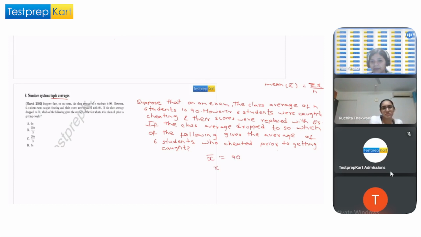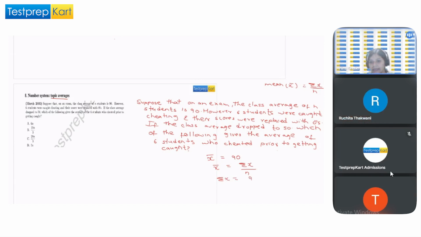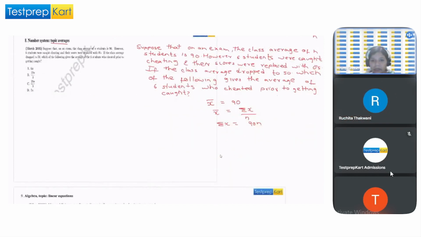So if I apply that formula, the sum of all the scores upon the number of students, I can rewrite that summation x as 90n. Is that okay? Total score. After getting caught cheating, the average dropped to 50, they have told.